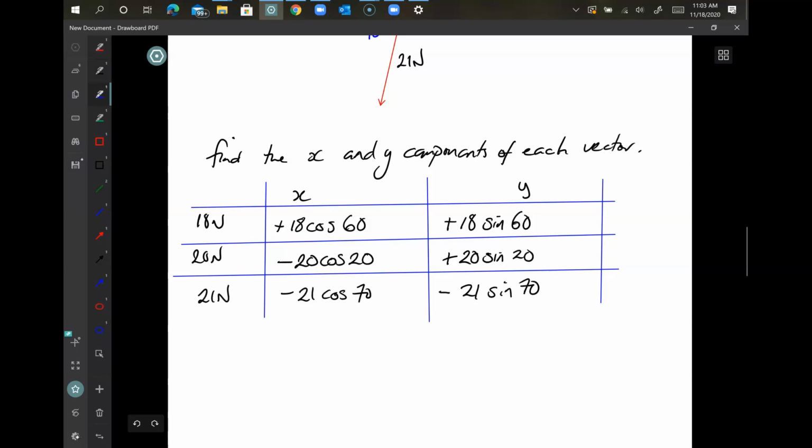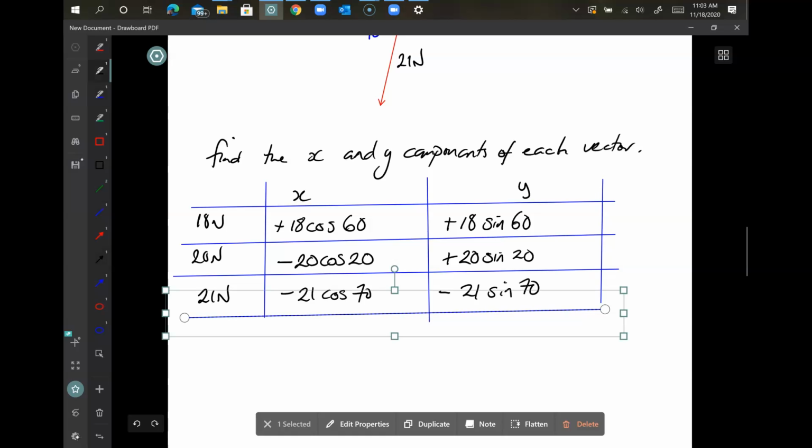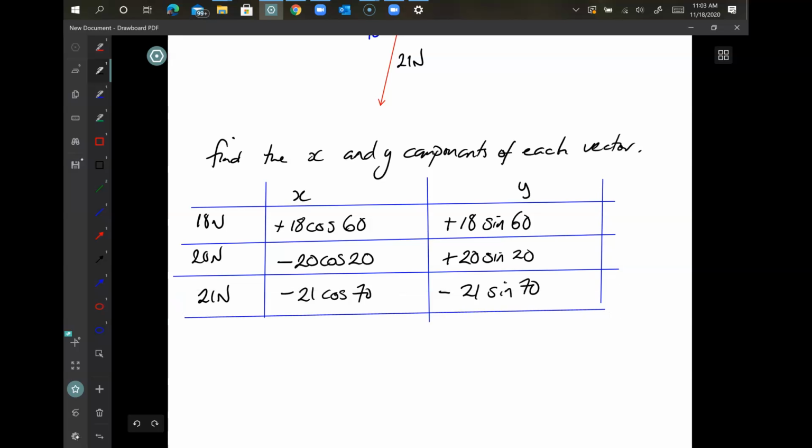What this allows us to do is to then find what our totals are. And we can say, what are the total components in x and the total components in y? So I'm just going to find the value of these three numbers, 1, 2, 3, and add them together.